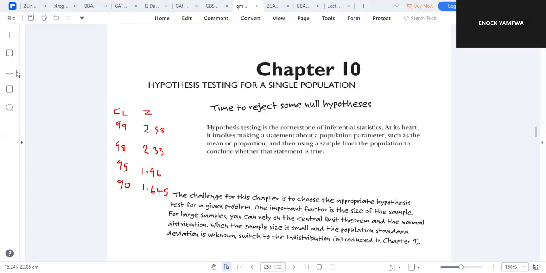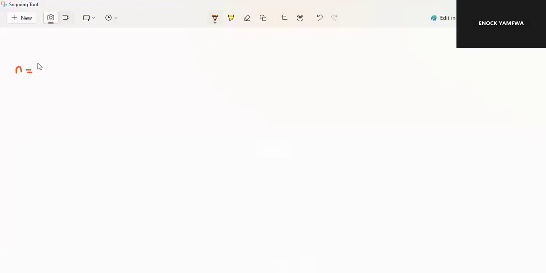N is equal to Z squared, S squared, over error squared. We also looked at a proportion, which was given by Z squared PQ over error squared.